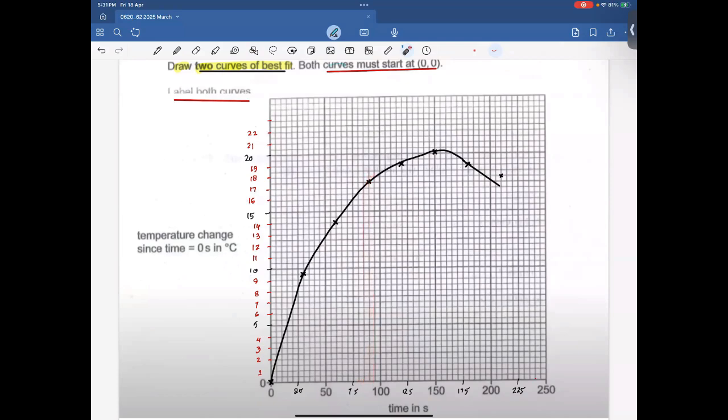That's fine. Let me check one more time. Then at 120, 105, 110, 120, at 120, 19, fine. Then at 150, 20.